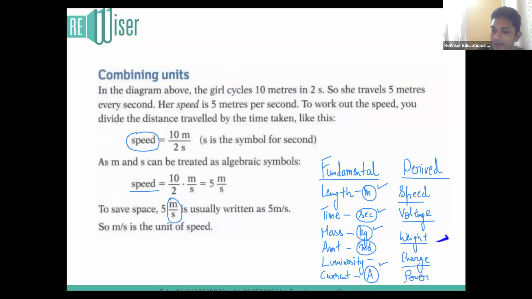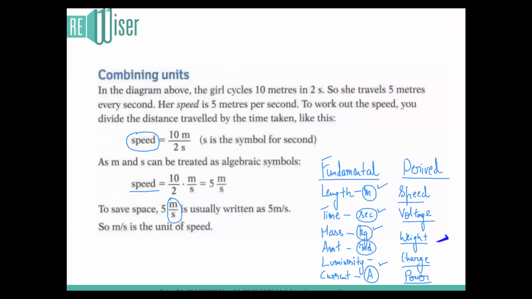Anything you can think of is a derived quantity. And its units, like volt, newton, pascal, the new ones you give, all of them are derived units. The derived quantities and the derived units can always be broken down into their respective fundamental quantities and fundamental units.